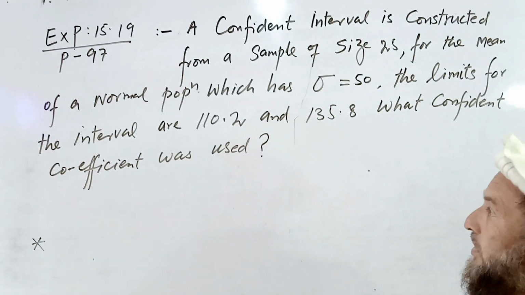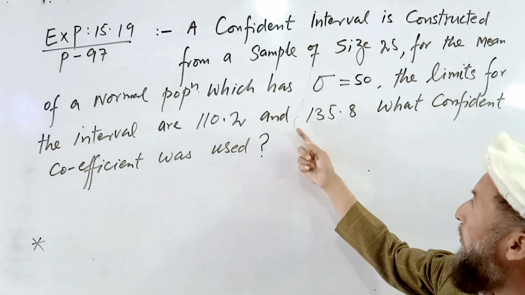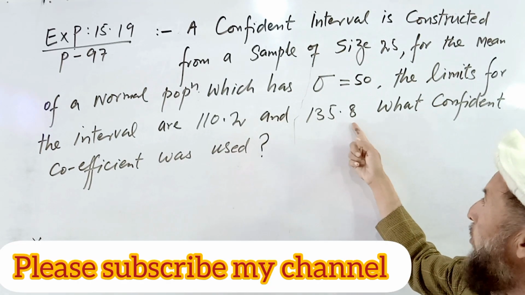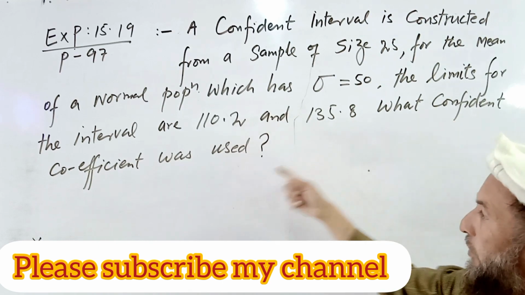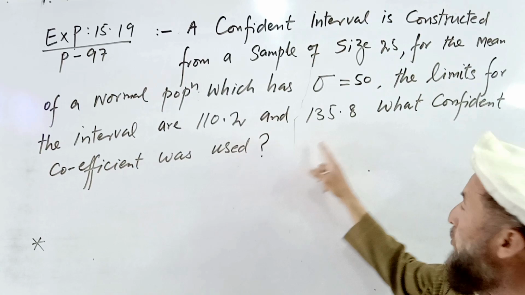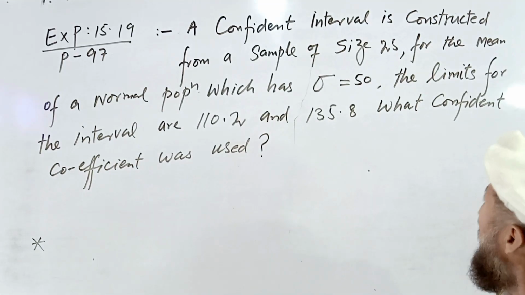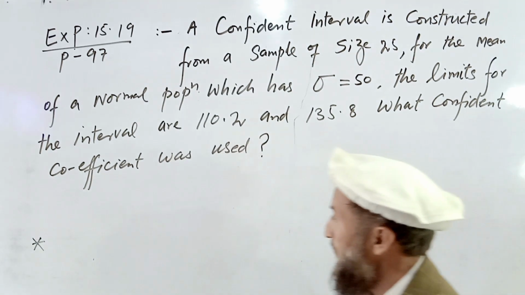The limits for the interval are 110.2 and 135.8. Which confidence coefficient was used? Which confidence coefficient was used means here 1 minus alpha is required. That is called confidence coefficient.